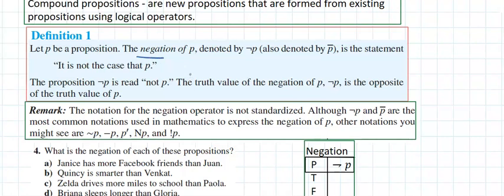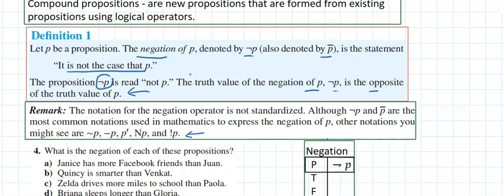The negation of P is denoted by, now all of these represent the negation of P. The proposition negation of P is read, "it is not the case that P." So the truth value of the negation of P is the opposite of the truth value of P. If P is true, then the negation is not true, and vice versa.